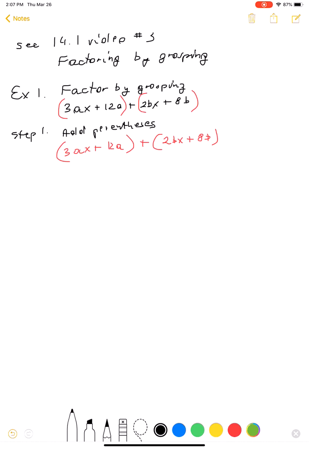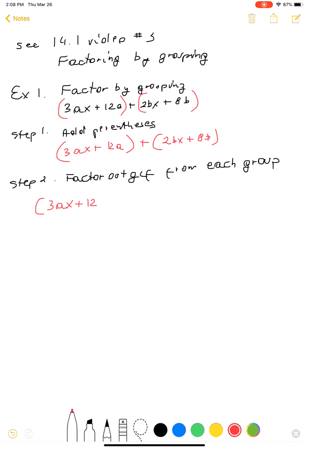Step 2. Factor out GCF from each group. The first group is 3ax plus 12a.